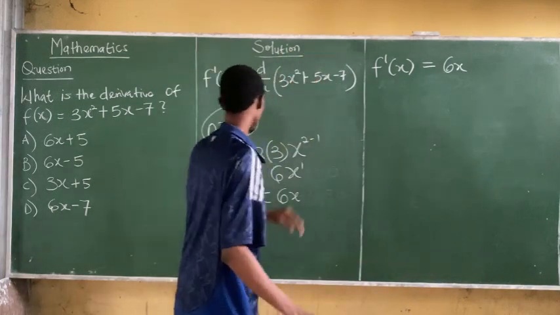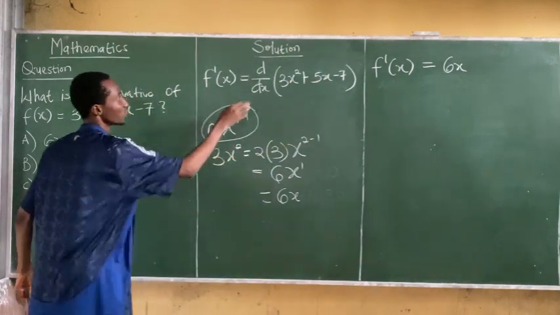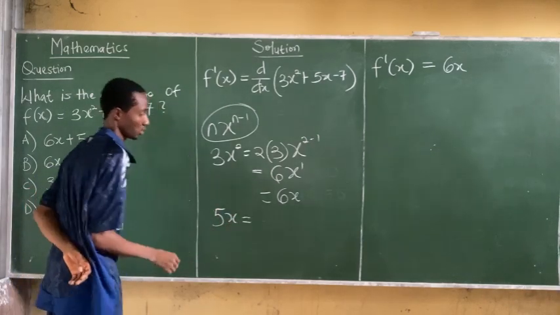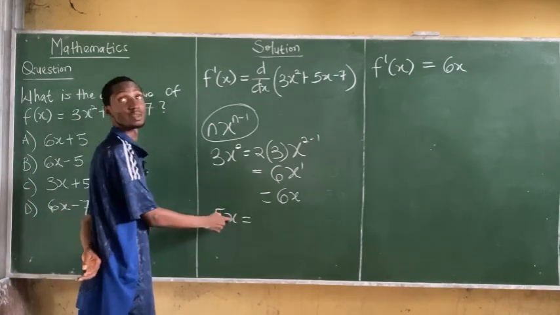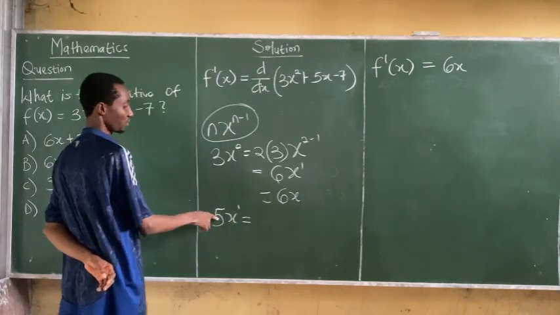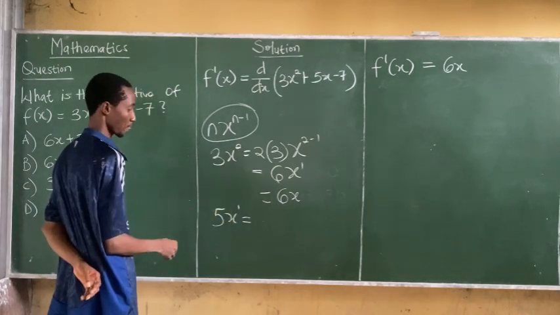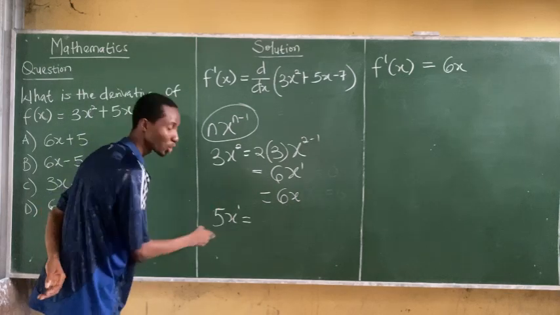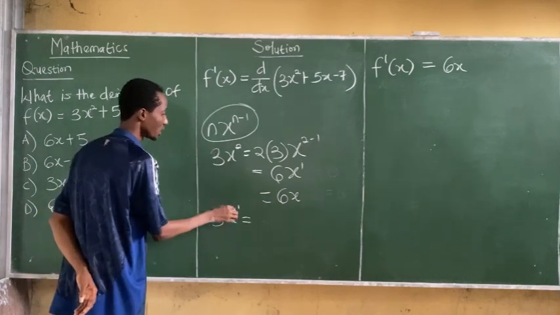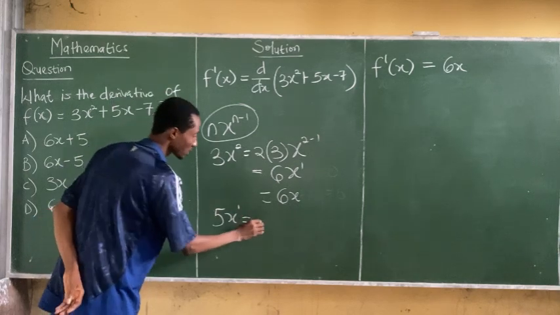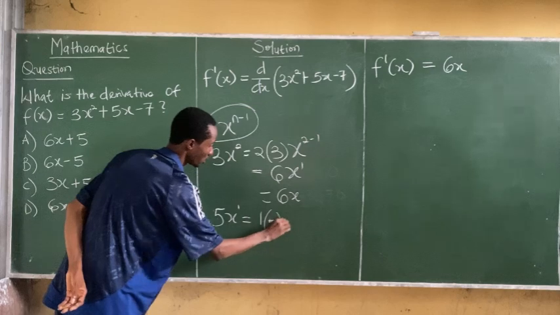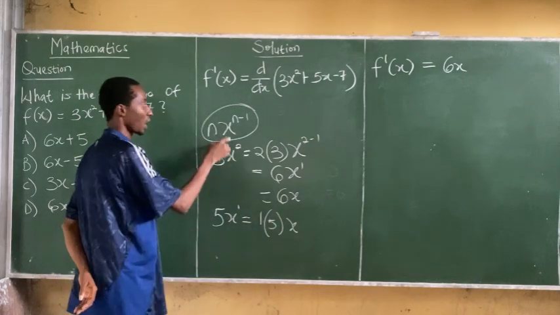Let's differentiate the second term. If we do the same thing for the second term, we have 5x. When you have 5x here, it means the power of x here is what? 1. So it's the same thing as saying 5x raised to power 1, because anything raised to power 1 is that same number. If we apply the same shortcut here, we see the power first, so we have 1 times 5 into x raised to power n minus 1.